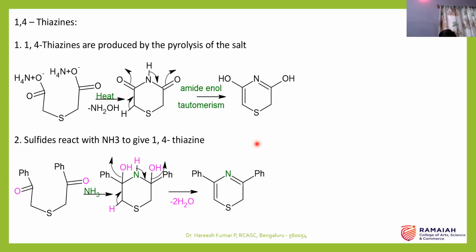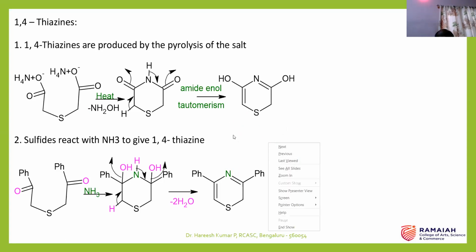All these are two nitrogen containing compounds, at 1,2 position, 1,3 position, and 1,4 position. We also discussed the sulfur and nitrogen containing ones, called thiazines, 1,2 thiazine, 1,3 thiazine, and then 1,4 thiazine, more particularly the synthesis part. Okay, so with this, I will go to the next slide.